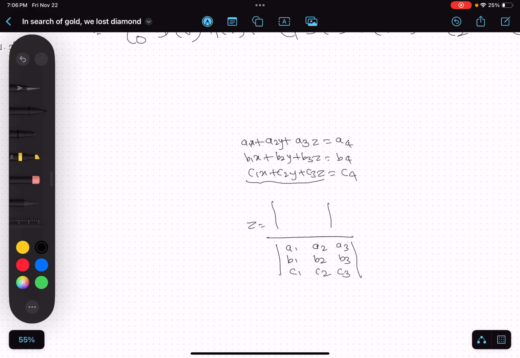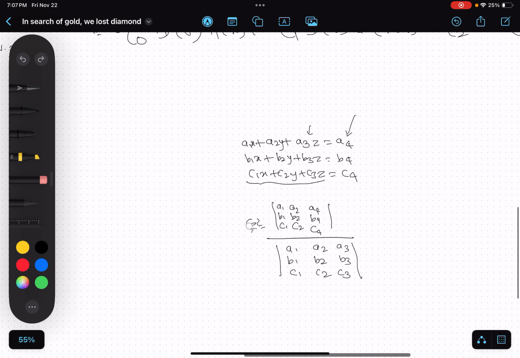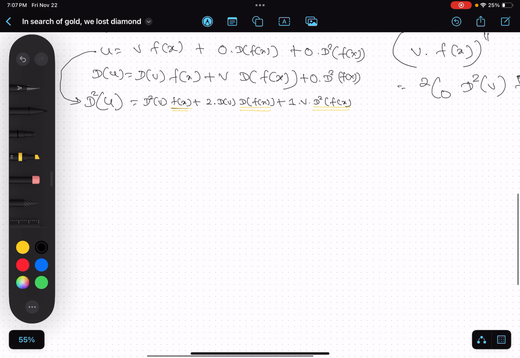In the numerator we will just replace the coefficients of z, that's what we are finding, right? The variable which we are finding, we need to see its coefficient and then replace that by the coefficients at the other side: a1, b1, c1, a2, b2, c2, and this is a4, b4, c4, right? So this is our z. I guess you get the idea, right?